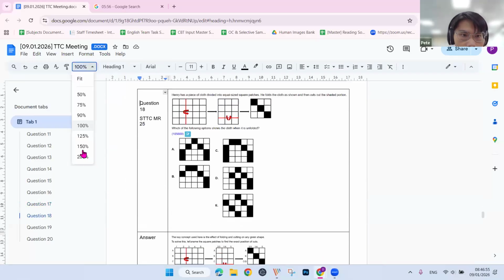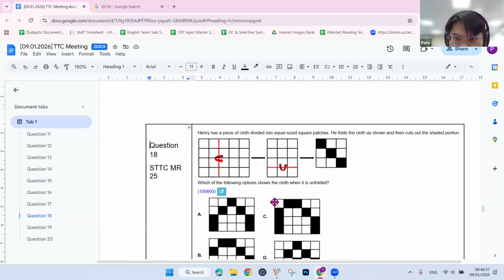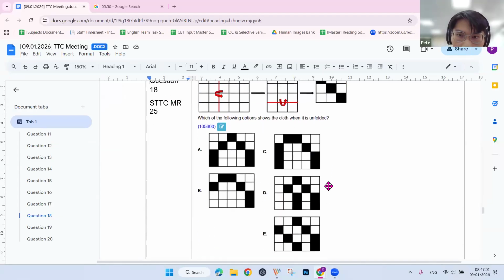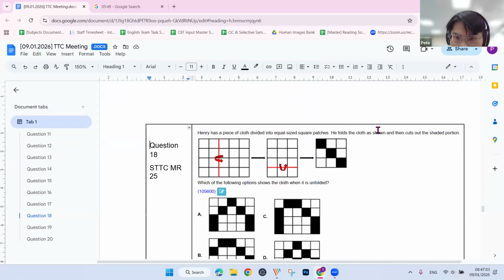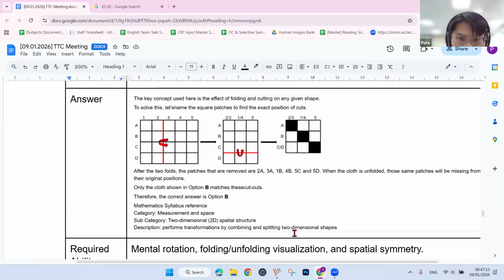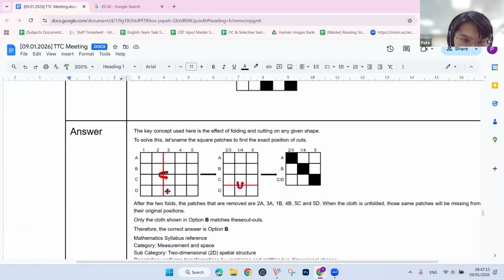So we move to the next question. In this question we need to find the correct cloth when it is unfolded, and we cut the portion as shown. We can solve this problem by first marking each square, row, and column.